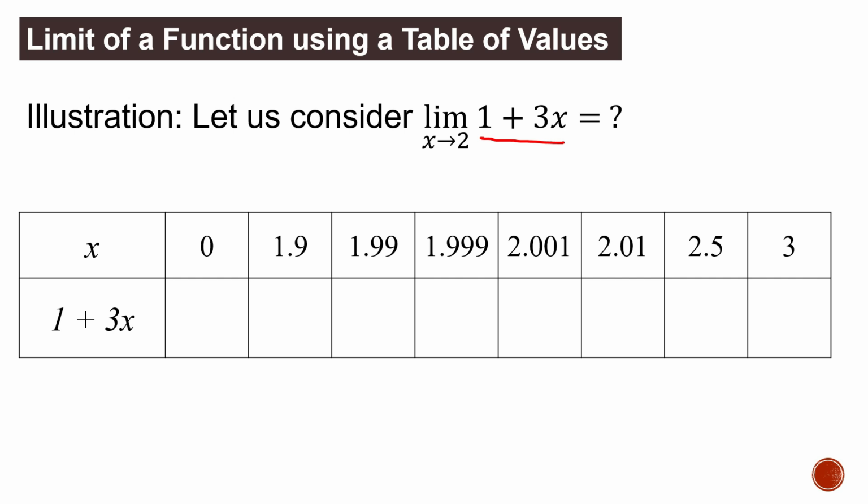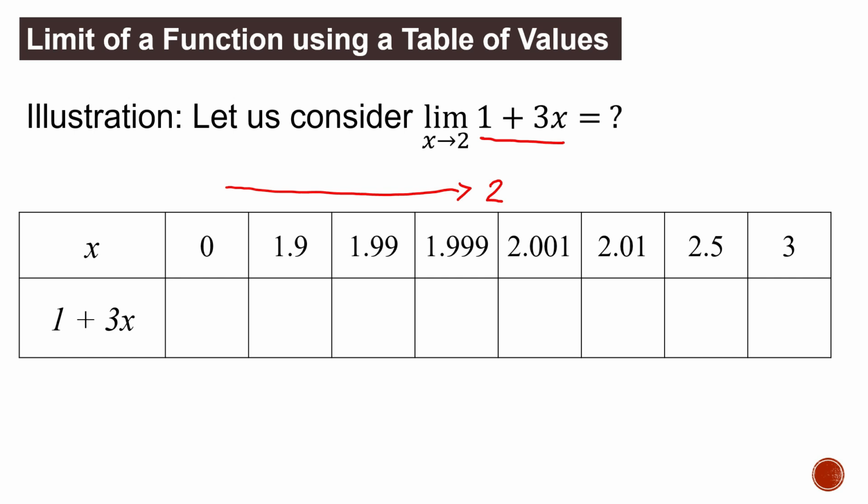Now, take note that x is the independent variable here. We can substitute any number to x, but we specifically pick these numbers, especially this 1.9, 1.99, and 1.999, because these numbers are approaching number 2. So let's say I put the number 2 here in the middle, right? So these numbers are approaching number 2.